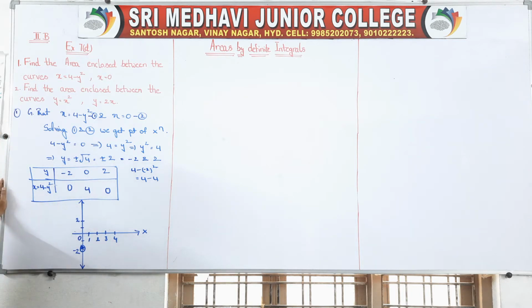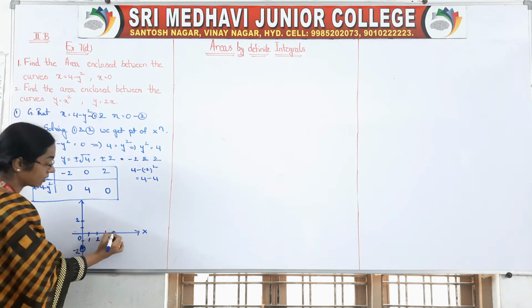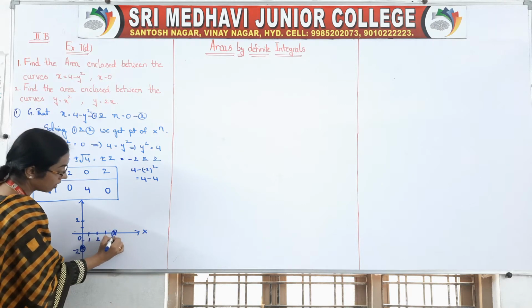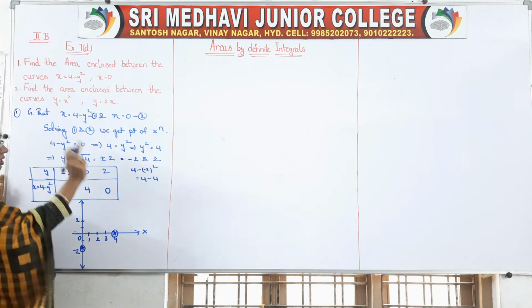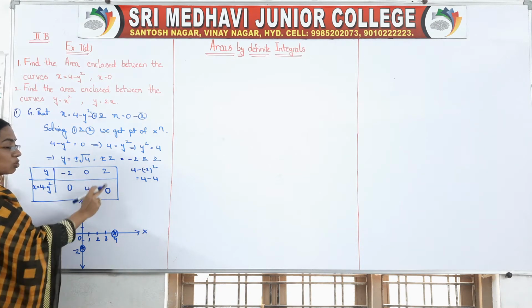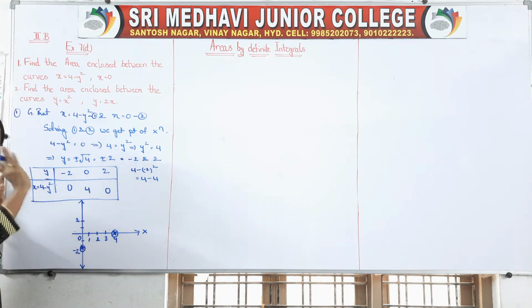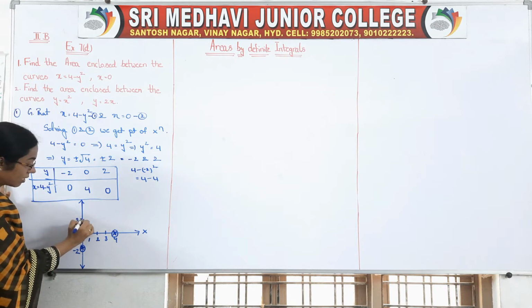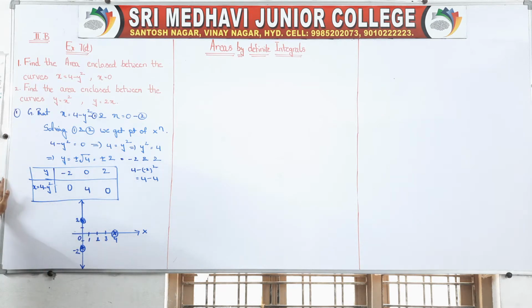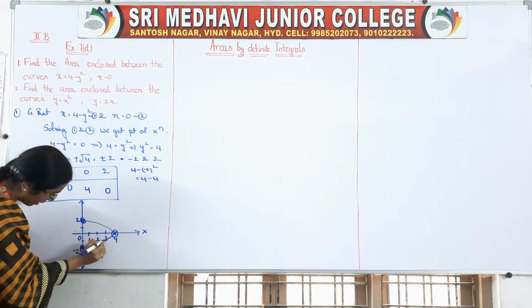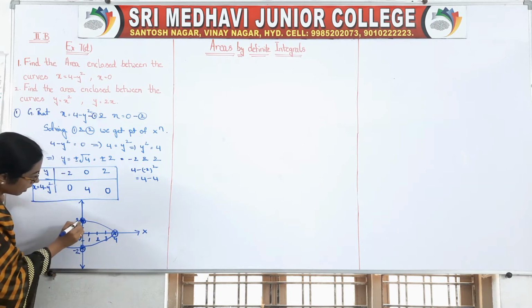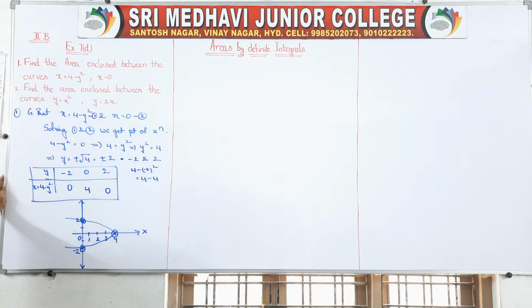Y coordinate 0 means the point lies on the x axis, right? So this is your second point. Next, y coordinate is 2, x coordinate is 0, the point lies on the y axis. So this is the point. Now join them with free hand. It is a curve.